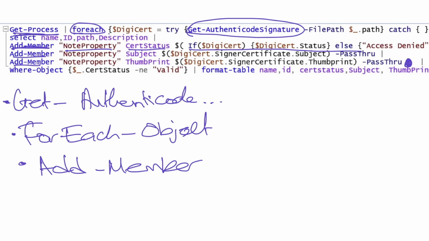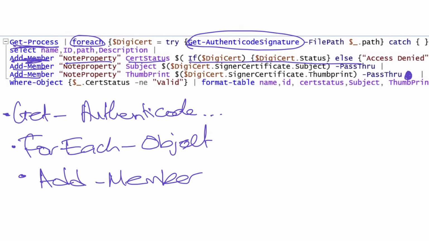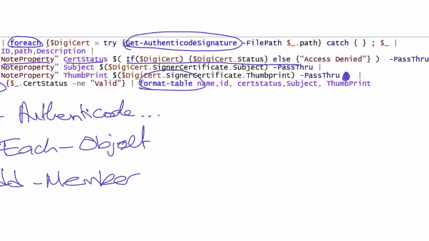From there, we are using Add-Member. After that, we'll discuss what specifically Add-Member brings to the table. Lastly, we already discussed Where-Object previously. Format-Table, in this particular video, we'll just go through it very briefly, namely how I format the table output to the parameters that I'm interested in. So without further ado, let's dig in.